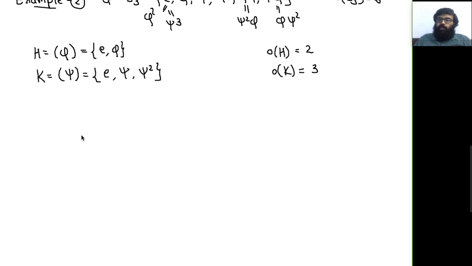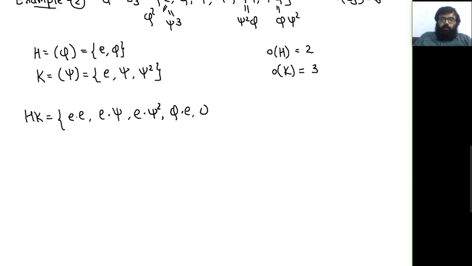Now, first question: what is HK? Let us compute HK. Elements of H are multiplied on the left. So we have E dot E, E dot psi, E dot psi square, then phi dot E, phi dot psi, and phi dot psi square, which gives E, psi, psi square, phi, phi psi.